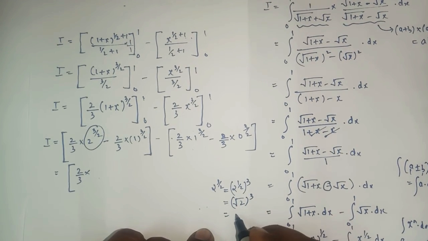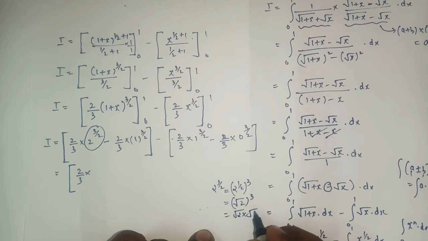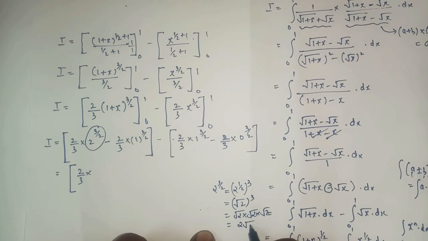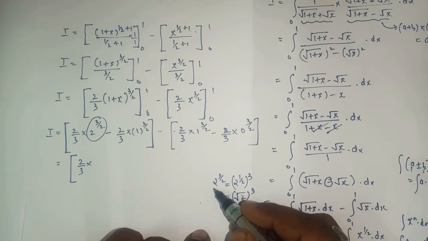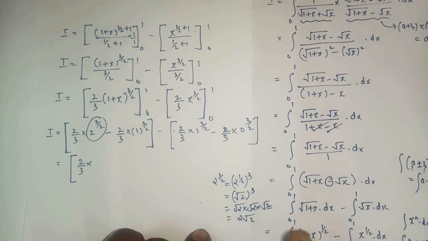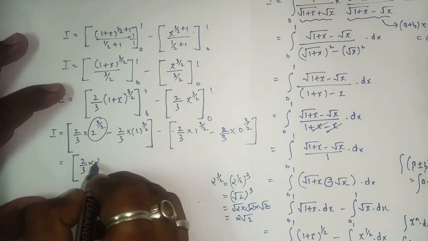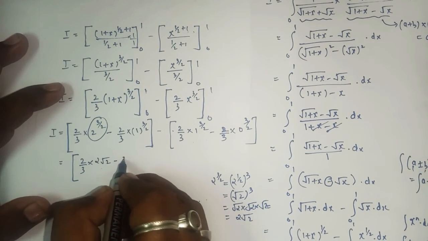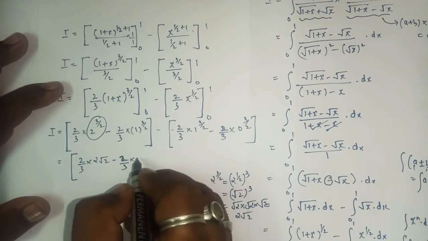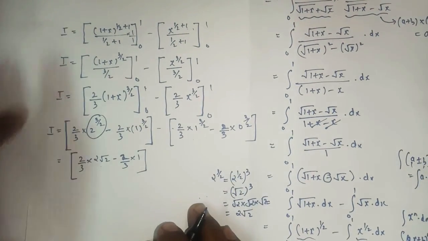And root 2 the whole cube we can write as root 2 into root 2 into root 2. So further this we can write as 2 root 2. So remember, any number raised to 3 by 2 can be written as that number into its root. So this we can write as 2 by 3 into 2 root 2 minus 2 by 3 into 1 raised to any power, which will be 1 only, yes or no?